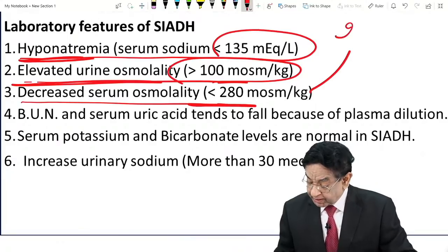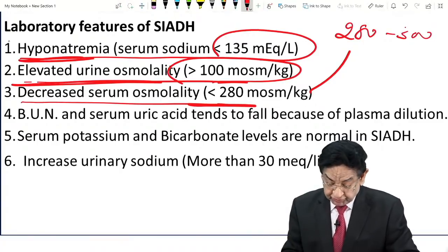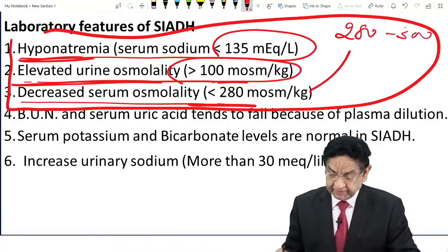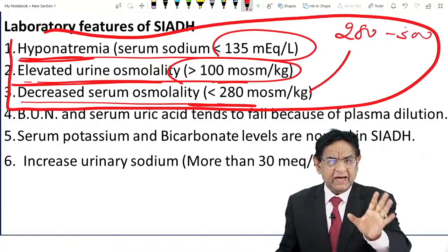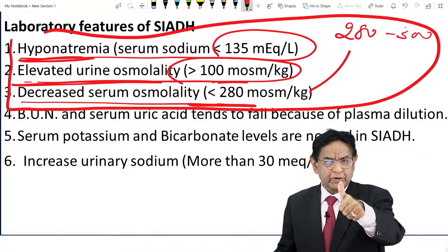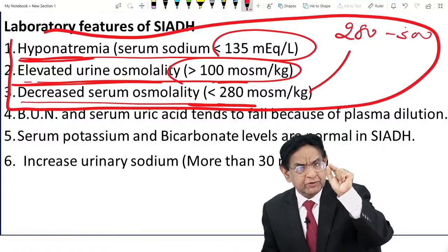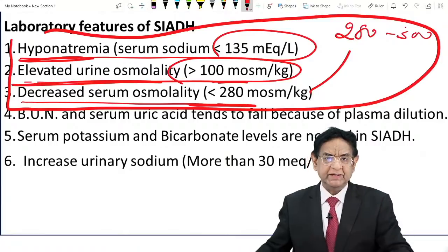Now how much is normal? 280 to 300. These three are virtually the most important things by which we can diagnose SIADH. Simply the entire SIADH is squeezed into 3 words: hyponatremia, reduced plasma osmolality, increased urine osmolality. That's all.